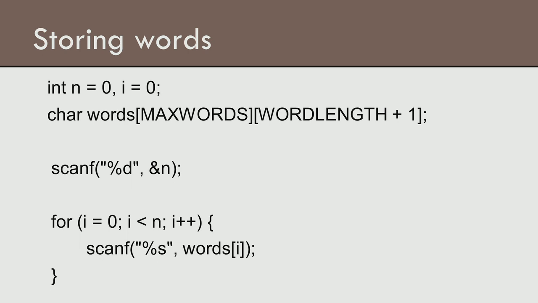It is very important here to note that if the words are of length more than word length, then the behavior of this program is unpredictable. Therefore, it is extremely important to ensure that the words that are given as input are only words of at most word length. The last letter will be used to store a null.